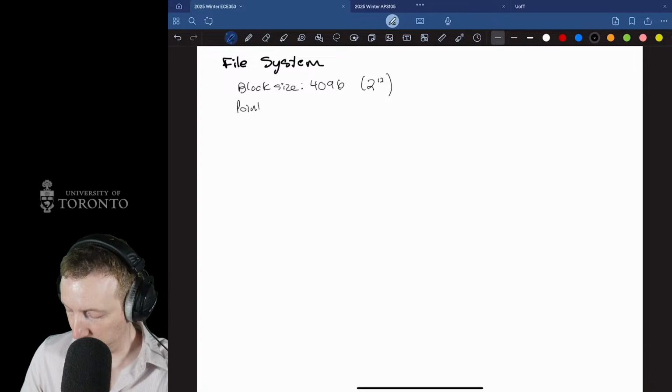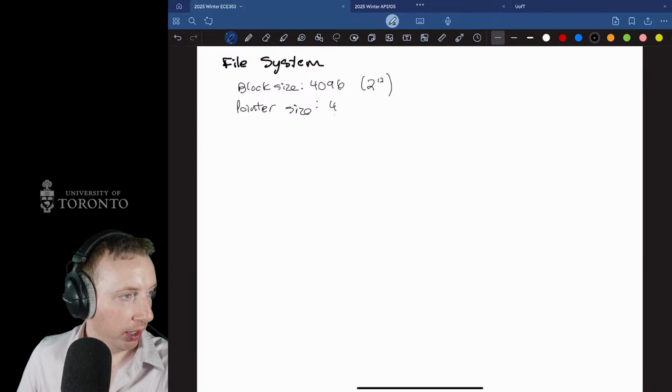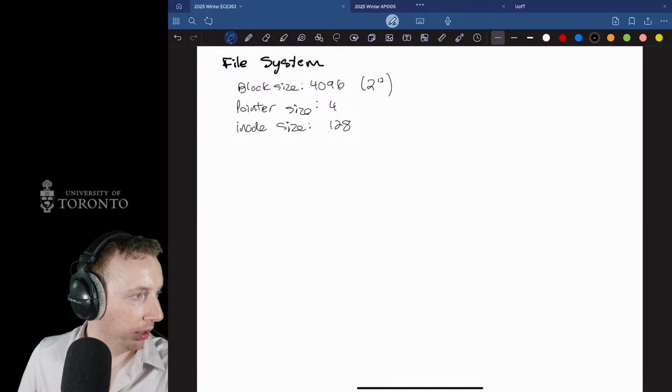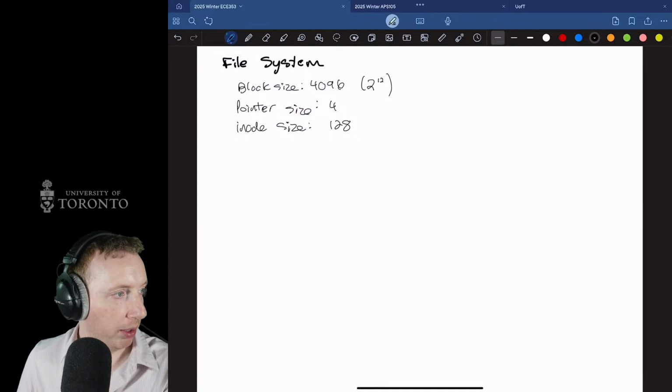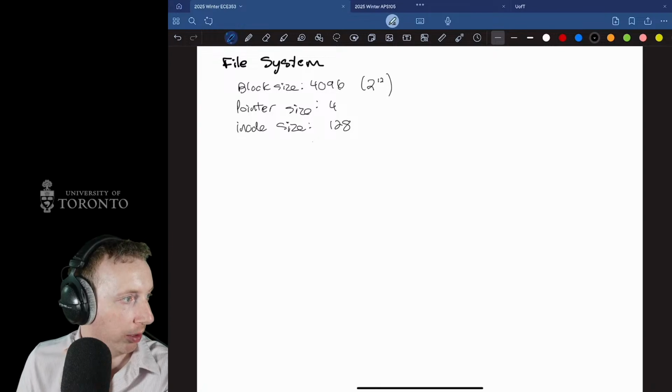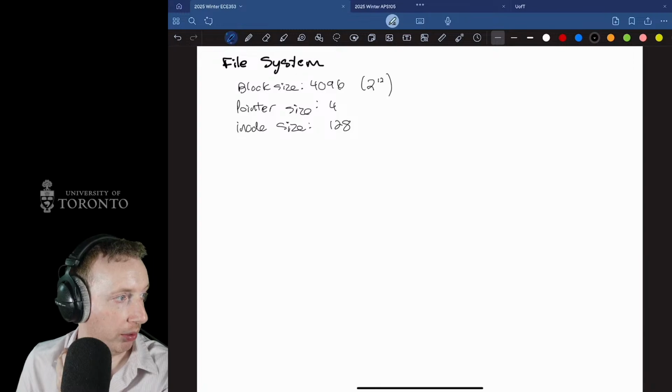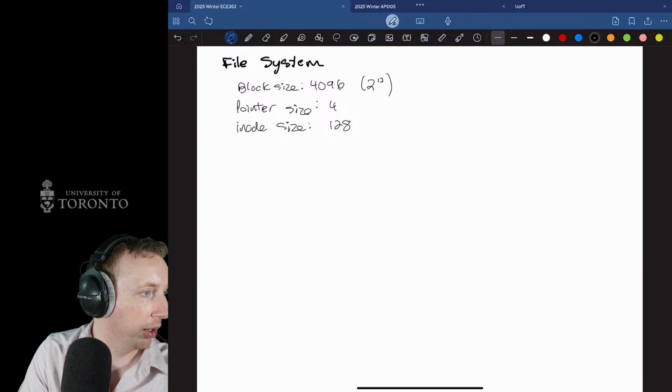Pointer size is 4 bytes, and inode size is 128 bytes. Inodes have their usual 12 direct pointers, one double indirect, one triple. Analyze the output of ls, which shows the inode numbers and everything. The output format includes inodes in the first column.